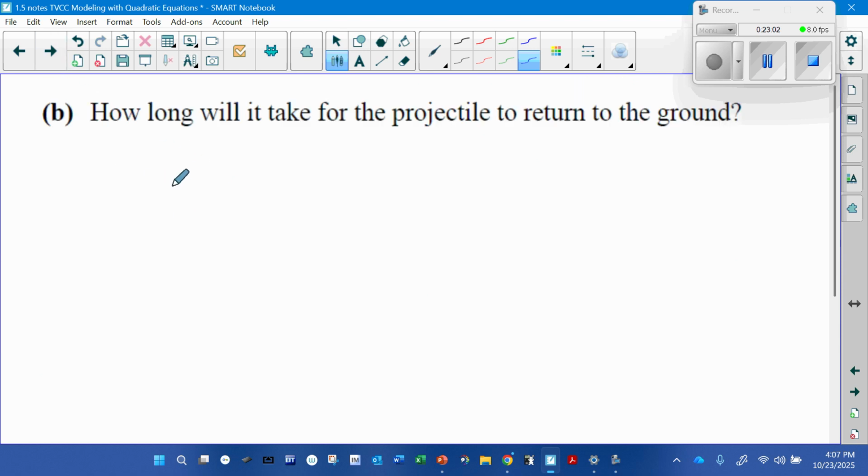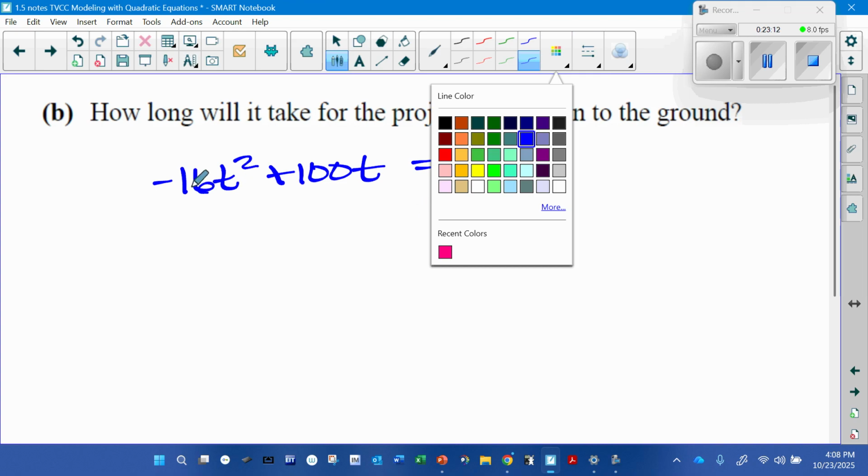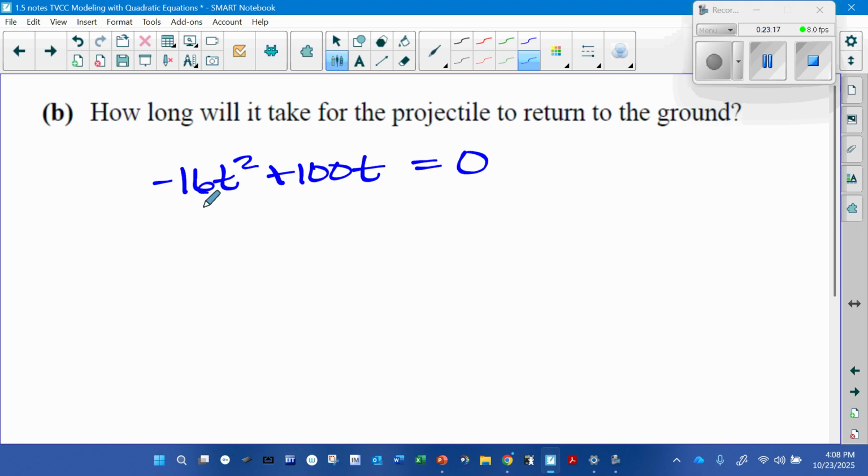So now we've got negative 16t squared plus 100t equals 0. First of all, I know both of these numbers are divisible by -4, and they're also both divisible by t. So if I divide both sides by -4t, think about -16 divided by -4 is 4, and t squared divided by t is t.